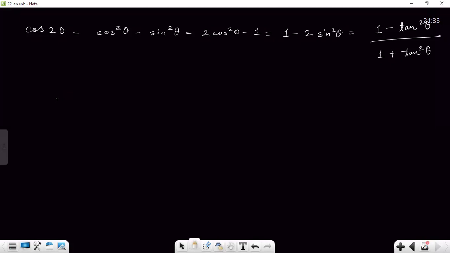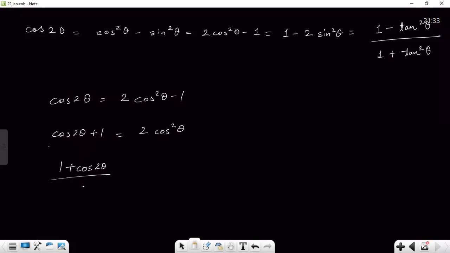Let me give you an example: cos 2 theta is equivalent to 2 cos square theta minus 1. So cos 2 theta plus 1 is equivalent to 2 cos square theta, which can be further written as (1 plus cos 2 theta) divided by 2 is equal to cos square theta.